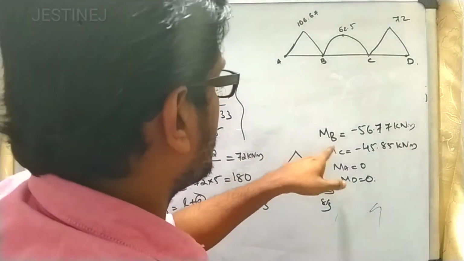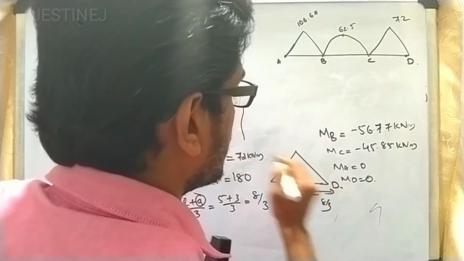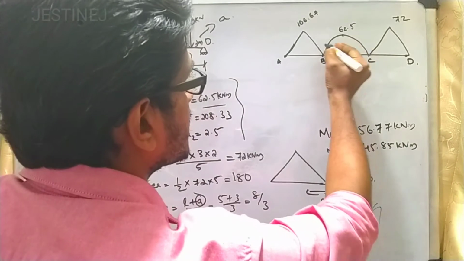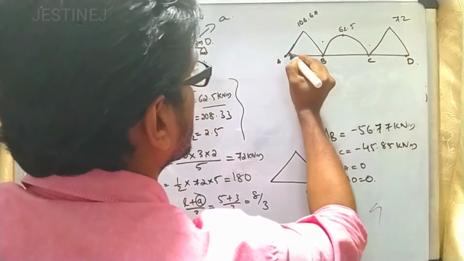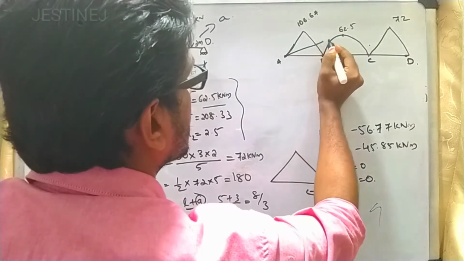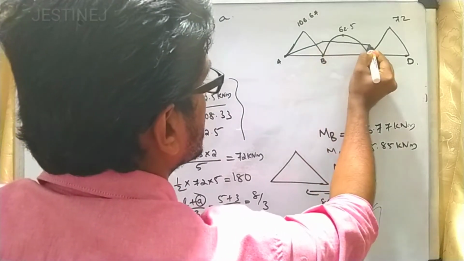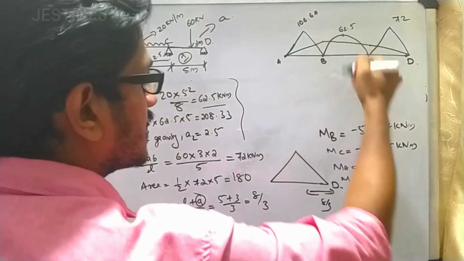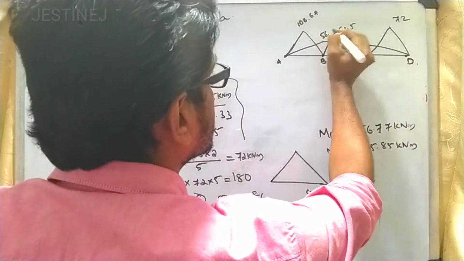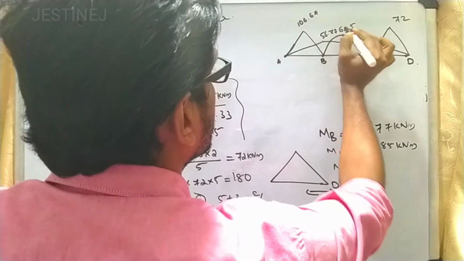Then at the point A, it is going to be 0, and MB value is going to be 56, so it is going to be here. Then MC value is again going to be here. So here it is a rise, then it is going to be here, then it is going to be 0 here. And the values also you have to note down, 56.77.